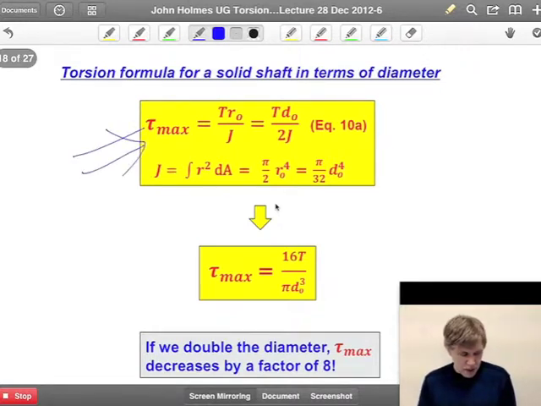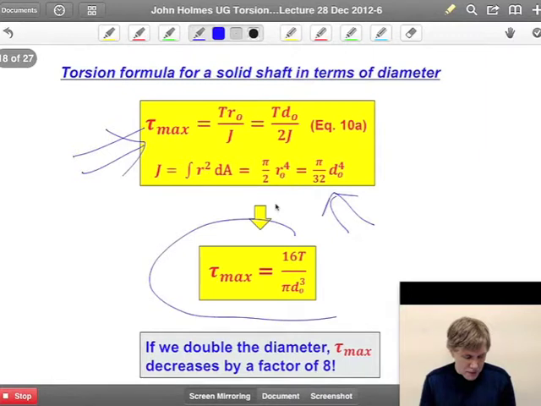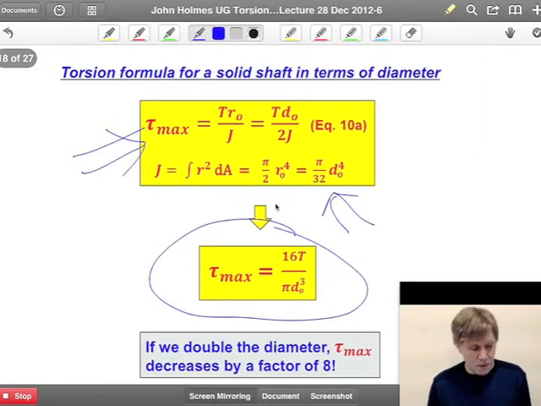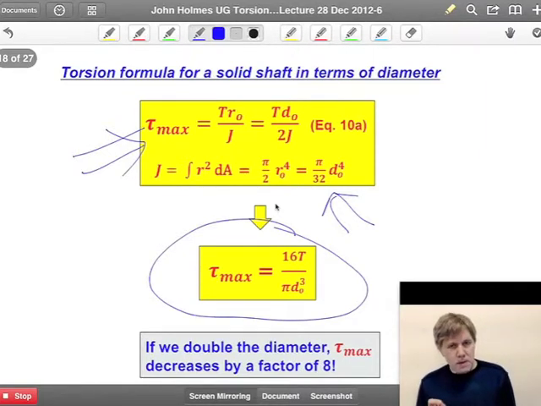Let's also use J in terms of diameters, and we end up with this expression. Now what I'd like to do is slow down for a moment. It's telling us that the maximum shear stress developed in a solid shaft, in this case, is 16 times the applied torque divided by pi times the outer diameter to the third power.